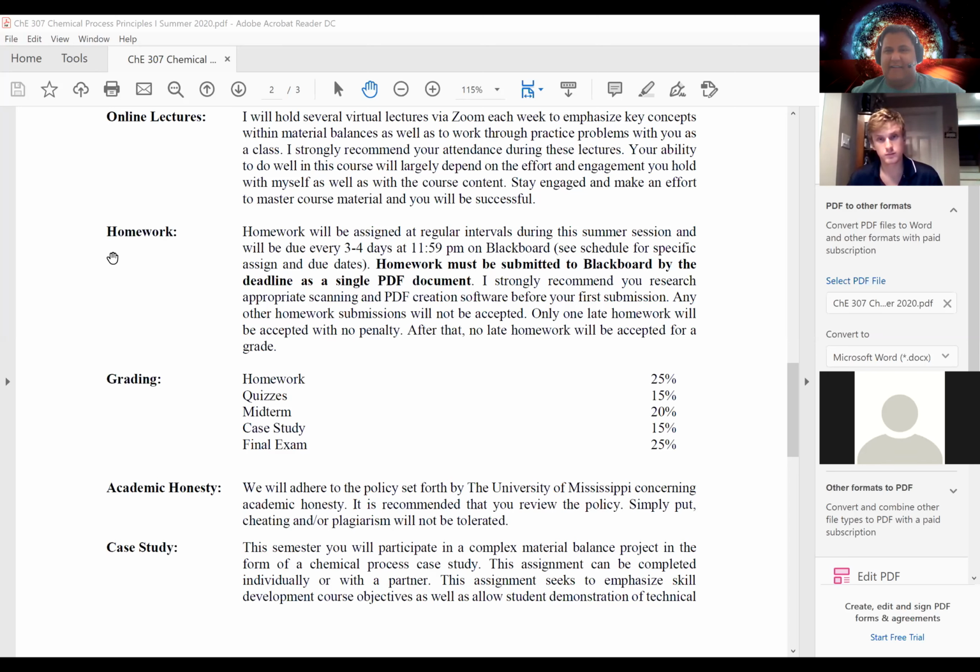You can use a scanner app. I know the seniors I've worked with use a CamScanner app to scan handwritten solutions, and it auto formats it to PDF. That's a good way to get it all compiled as a single PDF and submit it to Blackboard.